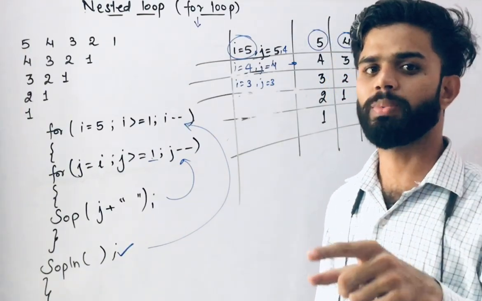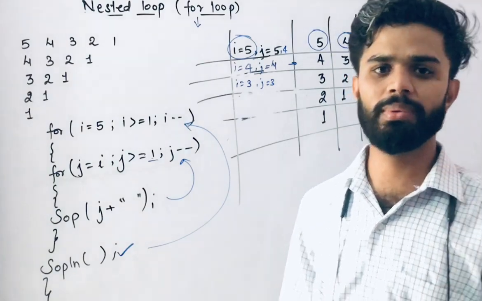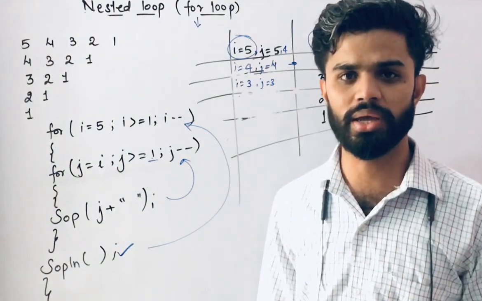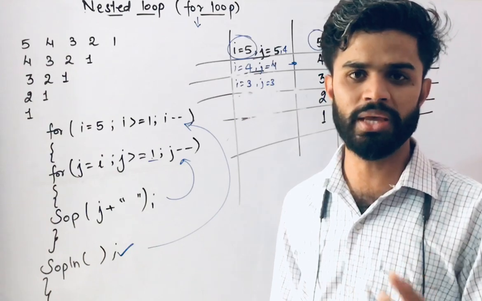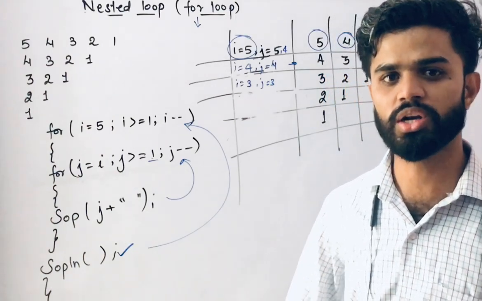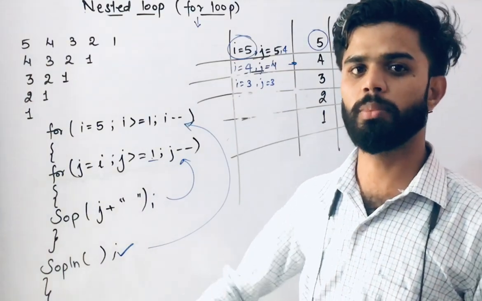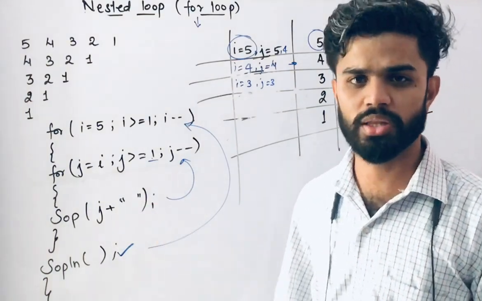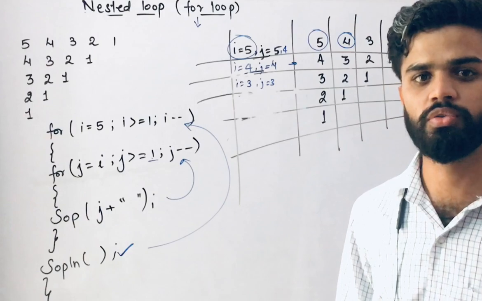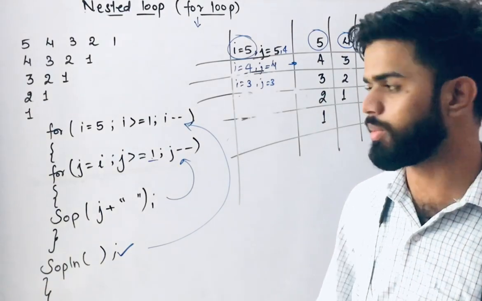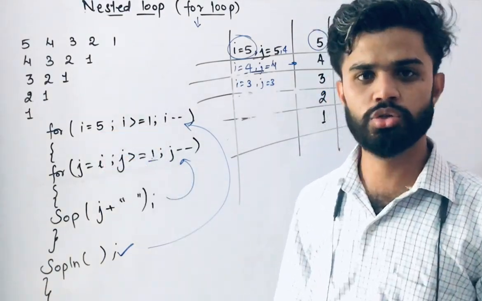I is the outer loop and j is the inner loop. Maybe it can be changed, like the outer loop runs through A and the inner loop runs through B. So it totally depends on you what type of variable you use for completing your loops. If you want to complete your outer loop with any other variable, then you can use it. If you want to run your inner loop with any variable other than I and j, you can.